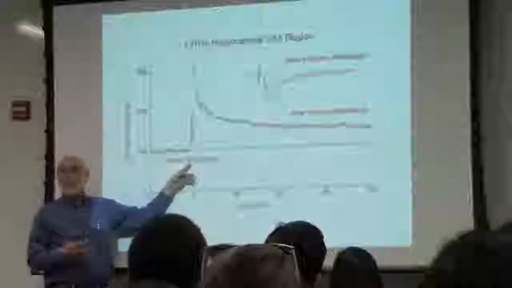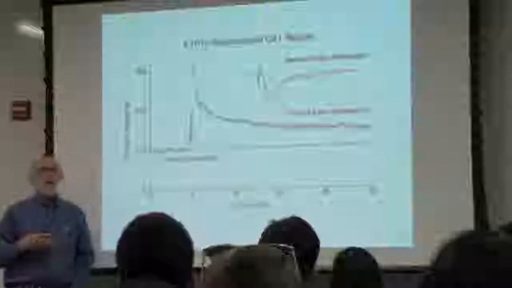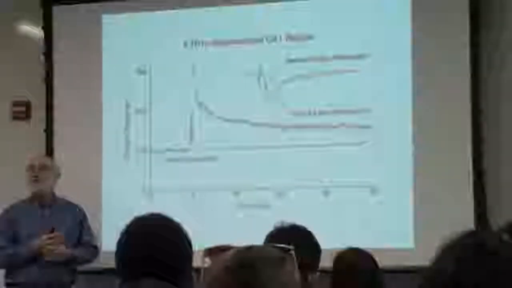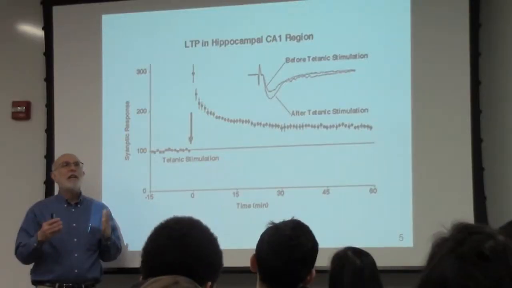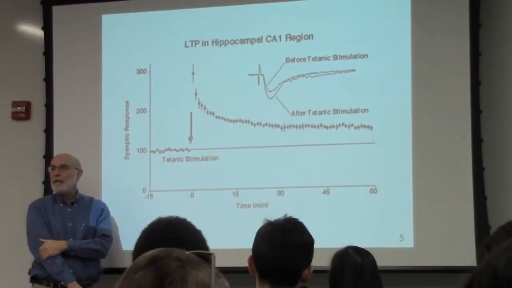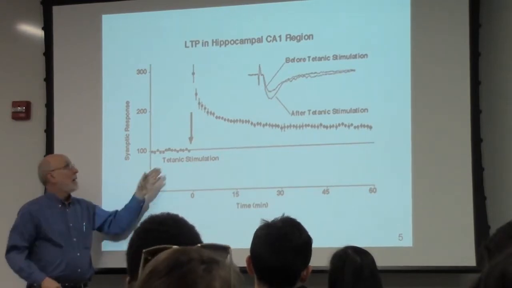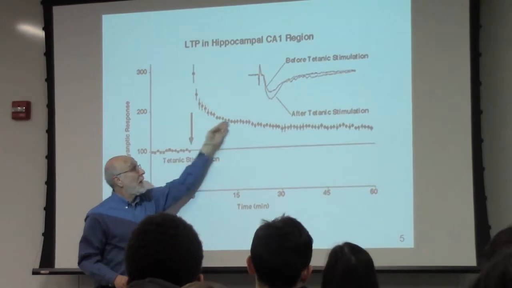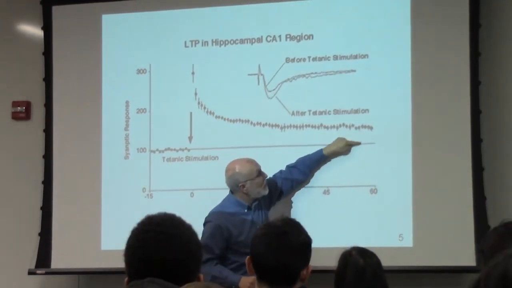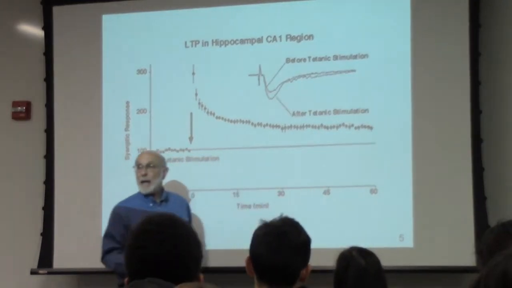And then a stimulus was given to mimic the introduction of a new fact, right? When you are learning a new fact, there's a buzz of electrical activity that causes short and long-term potentiation of this synapse.